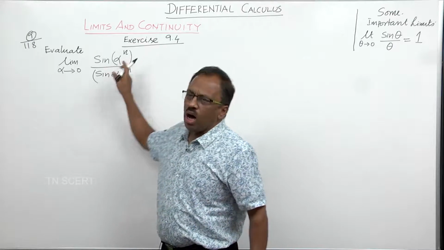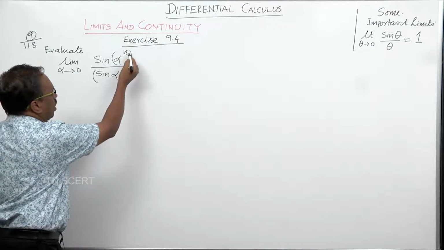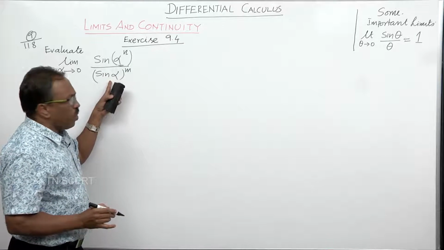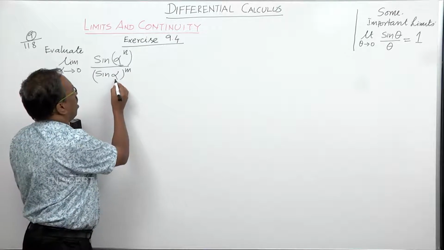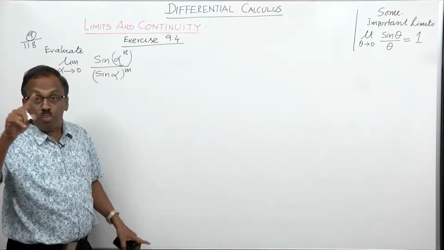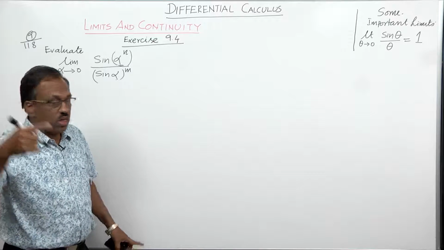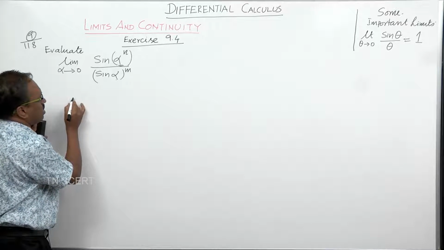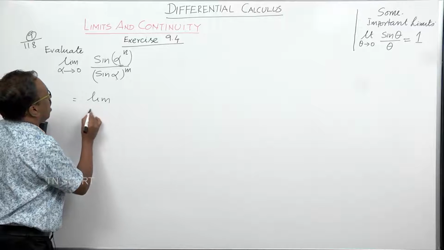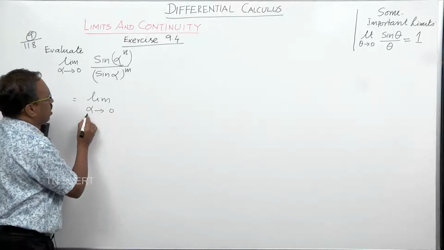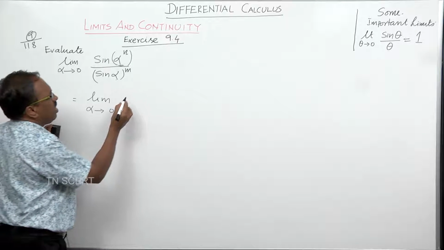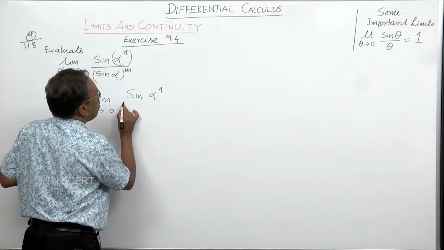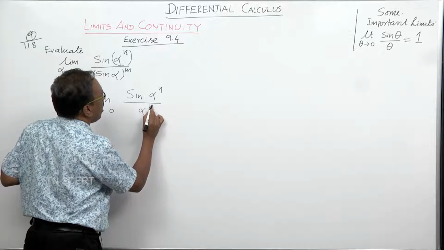Here, sin alpha power n means I should make changes only over this alpha power n, but in this part I should do it only for alpha. Alpha power n is to be changed here, and here only alpha will be changed. That means limit alpha tends to 0. Here it is not infinity, remember that it is alpha. Sin alpha power n by alpha power n.